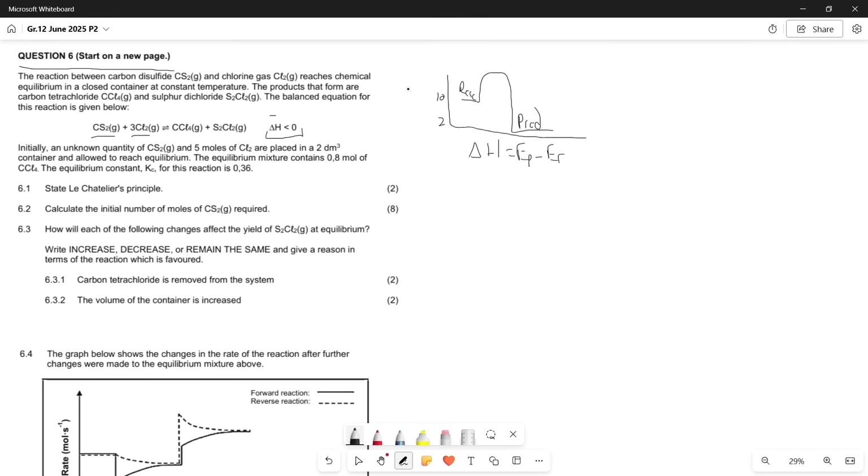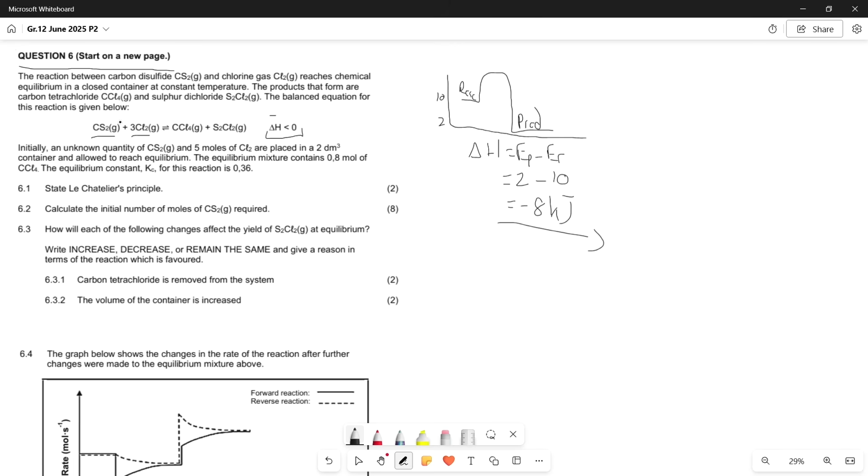This is for our potential energy, which means we have 2, which is the E for our products, minus 10 over there, which is the E for our reactants, which means we have negative 8 kJ. So this is kilojoules. This is just an example to illustrate why delta H being less than 0 is negative, and therefore an exothermic reaction.